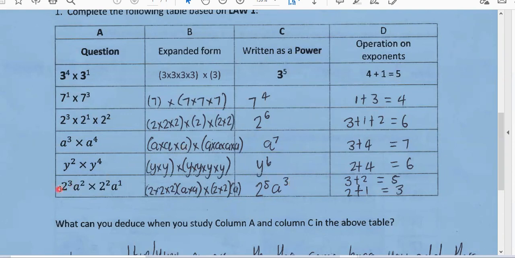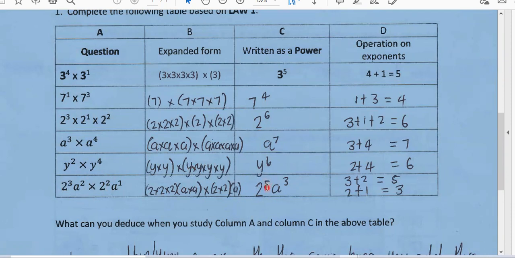Now, how did I get the 5 and the 3 as my exponents? Let's look at the 2 first. I'm multiplying the bases that are the same, 2 and 2, so I'm going to add my exponents. In this case, I'm going to add 3 plus 2 to give me 5 as my exponent, so 2 to the 5.